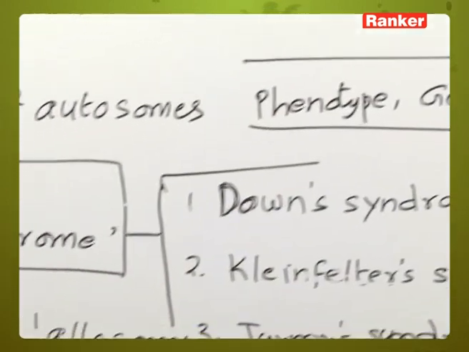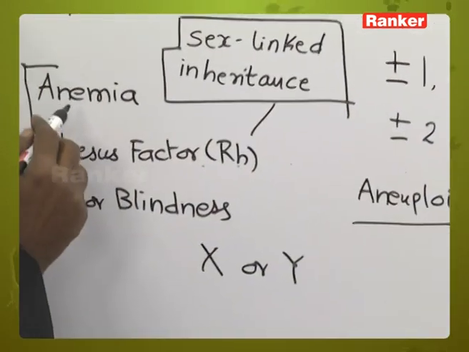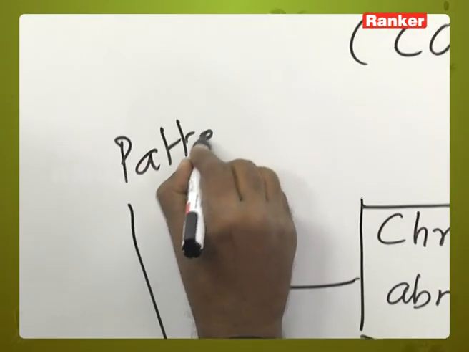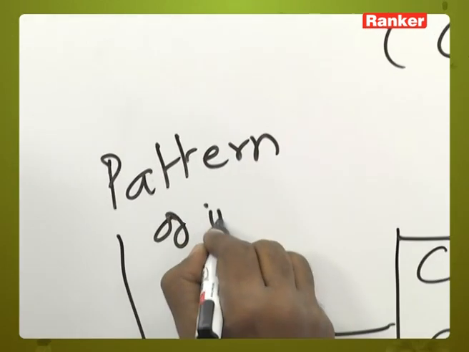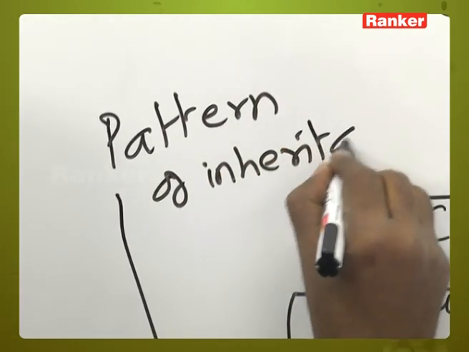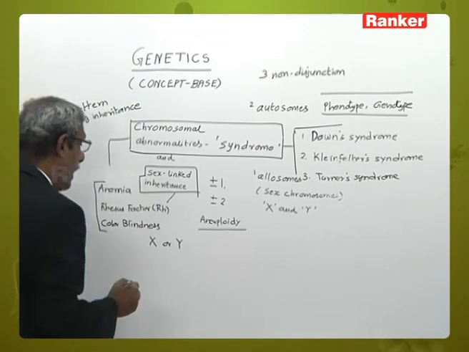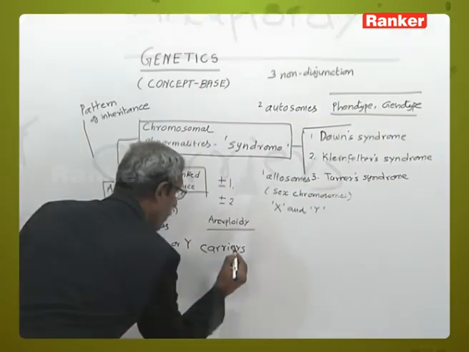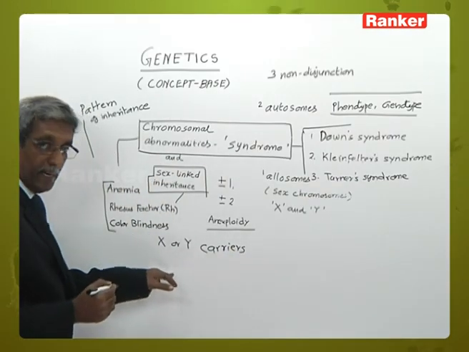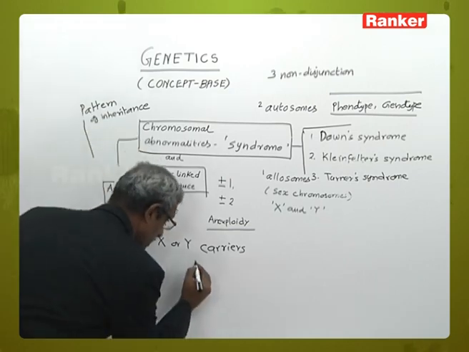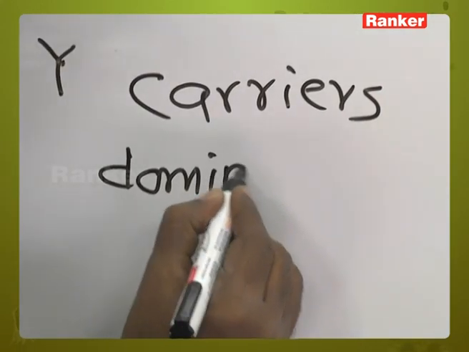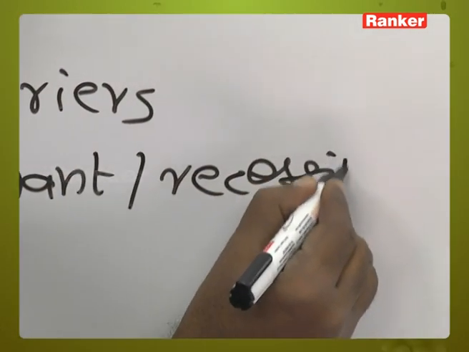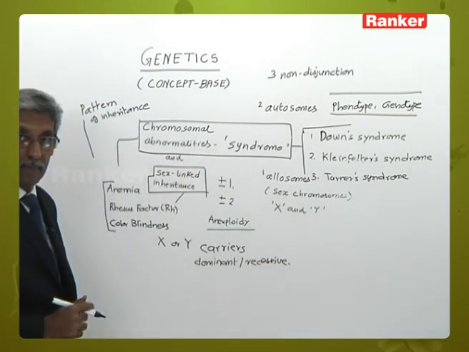And when it comes to color blindness, rhesus factor or anemia, the pattern of inheritance, how the character is transmitted from the parents to the offspring, and who are the carriers of the particular gene, and whether the gene of inheritance is dominant or recessive, would be studied.